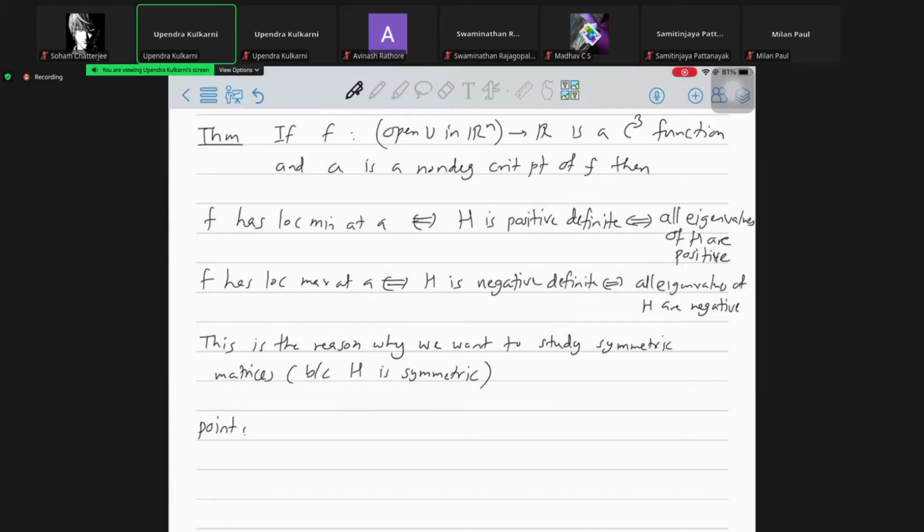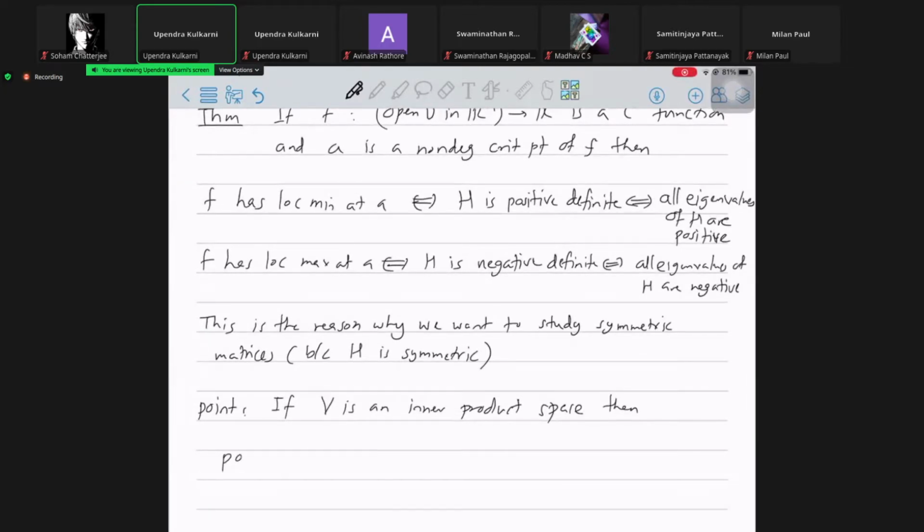So one point is the following. If V is an inner product space, then positive definite operators on V, that is by definition those self-adjoint operators with all eigenvalues positive.